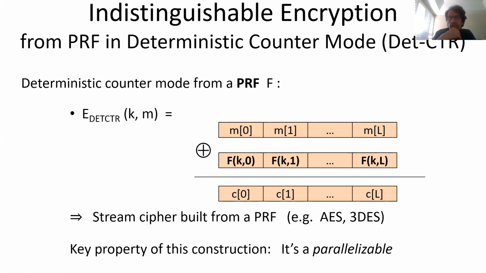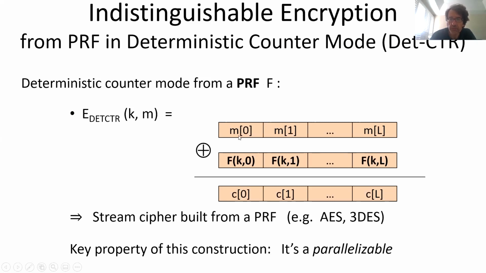Here is now how you can encrypt long messages with a PRP. Actually, let's switch and think of this as a PRF, which is going to be easier. So let's just assume that the block cipher is a PRF, and encrypt long messages in this way.